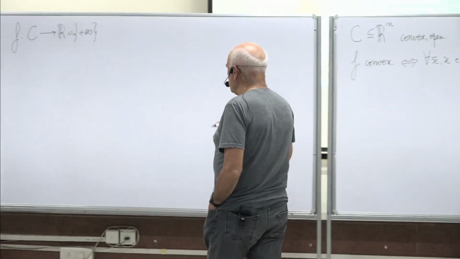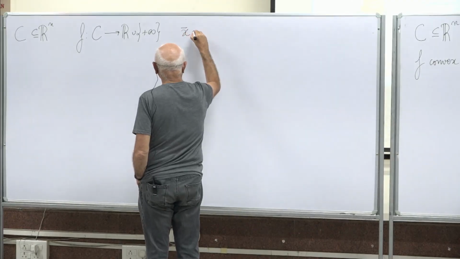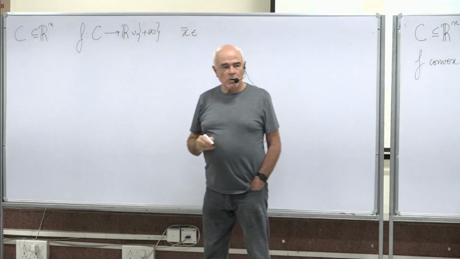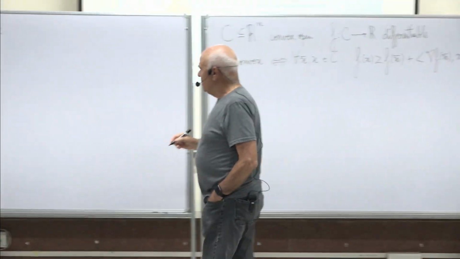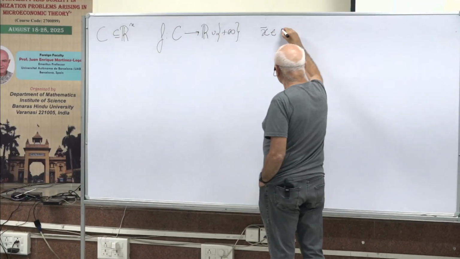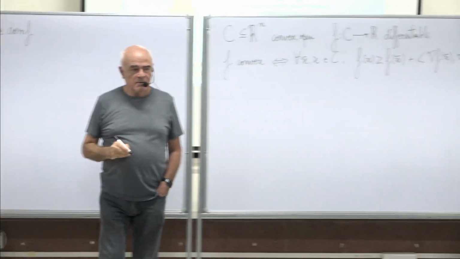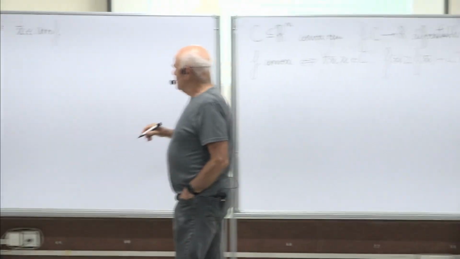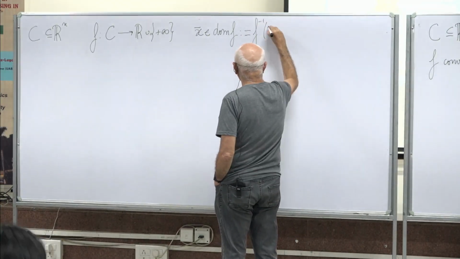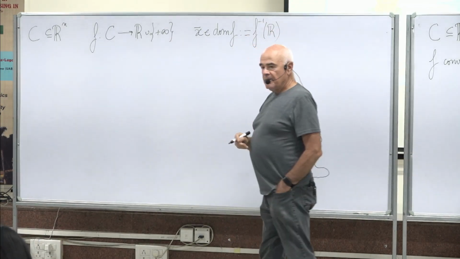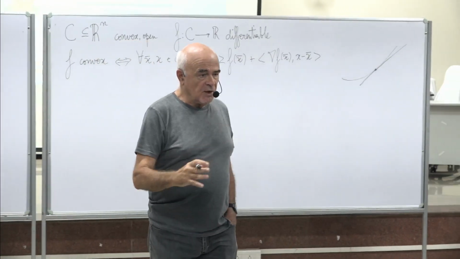And suppose we have an element x bar in the so-called effective domain of the function. The effective domain, denoted like this, is by definition the preimage of the reals, that is the set of points where the function takes a finite value.